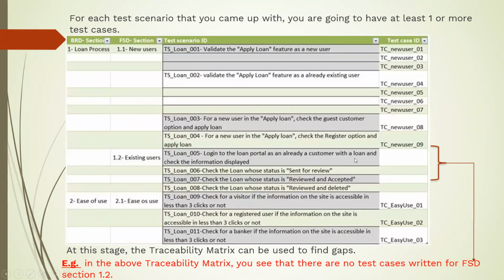So now, can you please explain this again? Yes, sir, please. The point here is, from the BRD and the FSD, the team is able to come up with the test scenarios. For the new user, these are the 4 scenarios. For the existing user, these are the 4 scenarios.